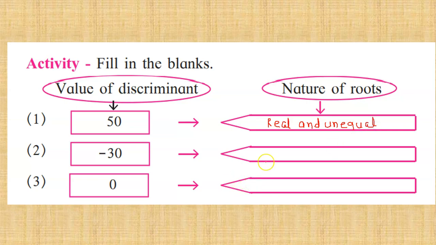What about the next? If the discriminant is minus 30, then roots are not real. Okay, not real. And what about the last? If the discriminant, that is the delta, is 0, then the roots are equal.